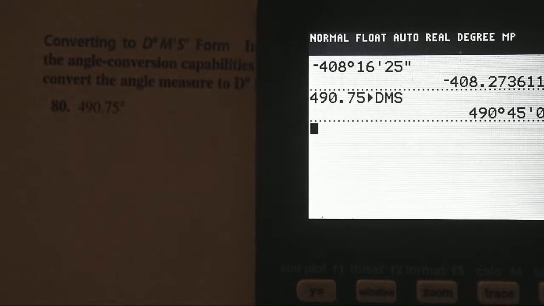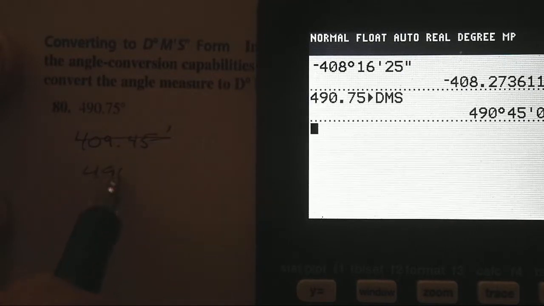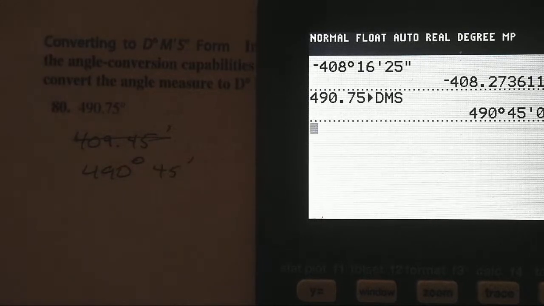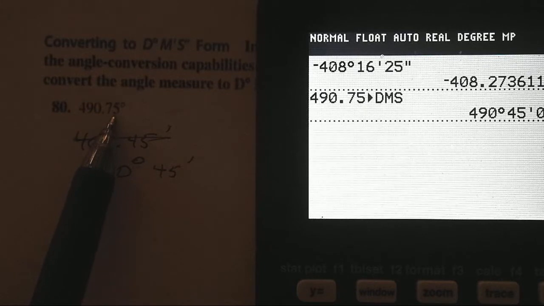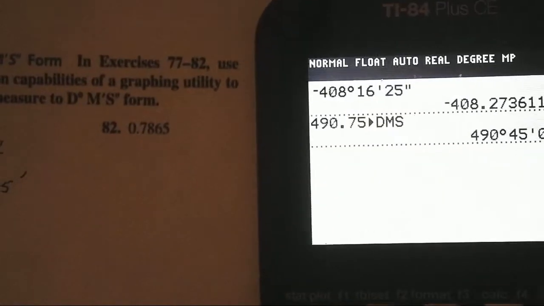That easy. 490 degrees and 45 minutes. Well, we could have done that because 0.75 is 3/4 of 1. And on this clock unit we're using, 3/4 of the way around the clock is 45 minutes. But this one might be a little bit messier.